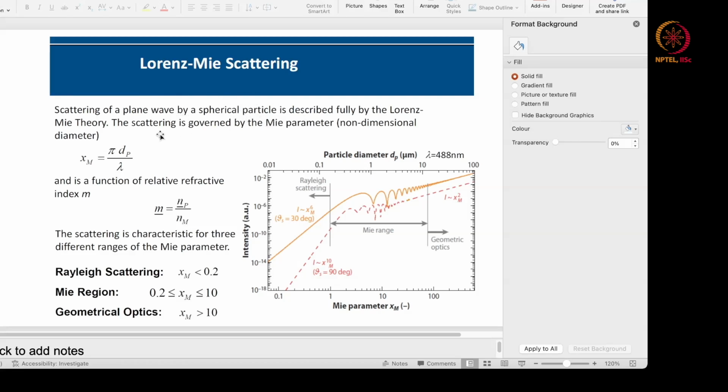The scattering is governed by what we call the Mie parameter, which is a non-dimensional diameter. It is nothing but pi times the diameter divided by the wavelength of the illumination. So essentially it is proportional to the diameter of the particle, with an inverse dependence on the wavelength.